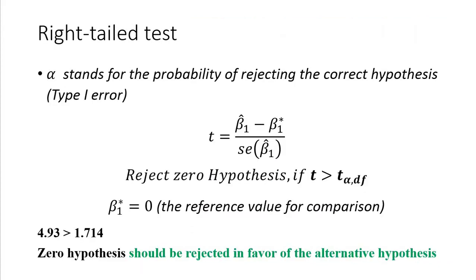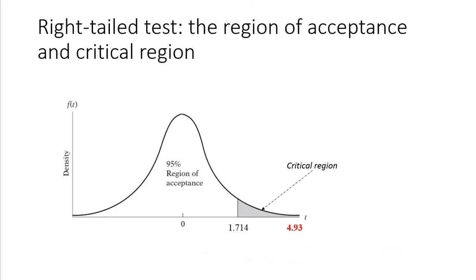Speaking formally, we can reject zero hypothesis if our t statistics is bigger than the critical value, not calculated, but taken from the table. We can visualize it using t-distribution. So this shaded area is our critical region, for t bigger than critical value.